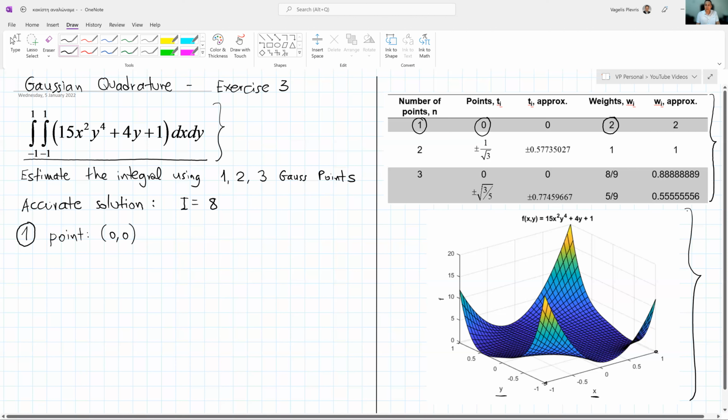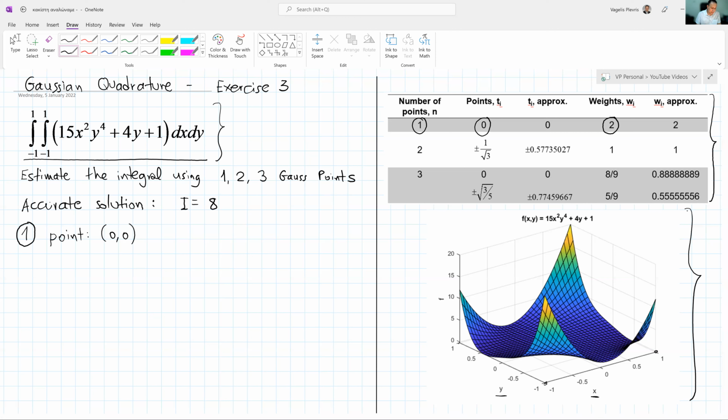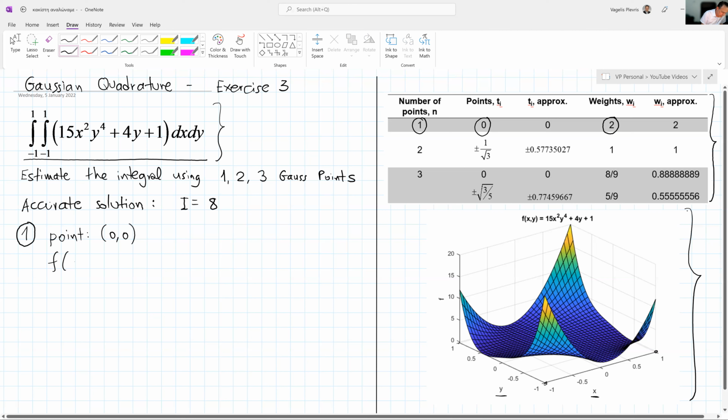So my first approximation is only given by finding the value of f at 0, 0, and then multiplying this value with the weight, which is 2. I can easily find that f of 0, 0, with x and y equal to 0, has the value 1.